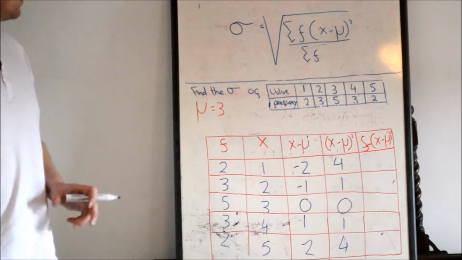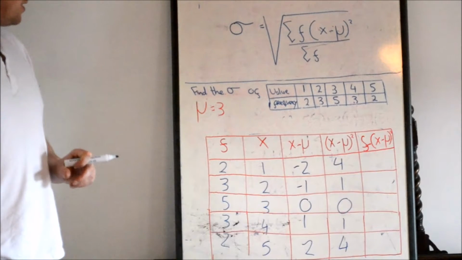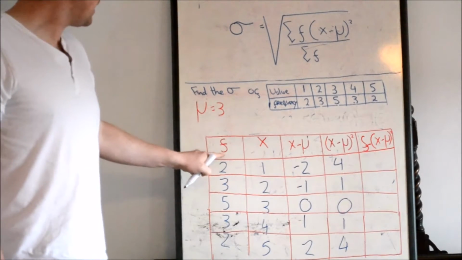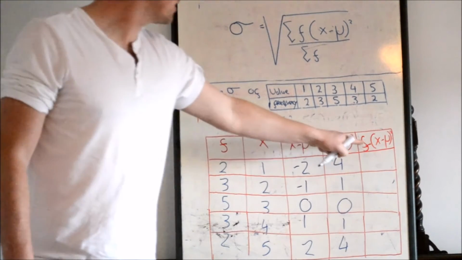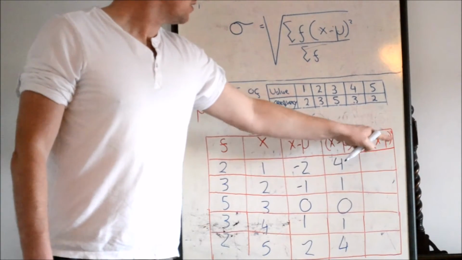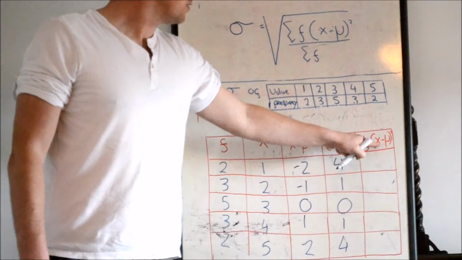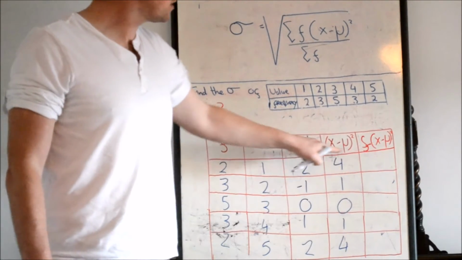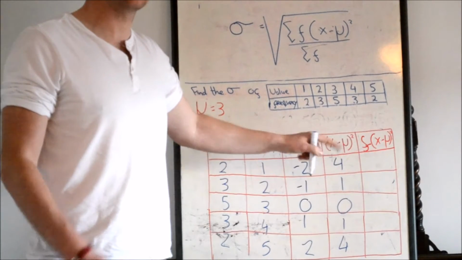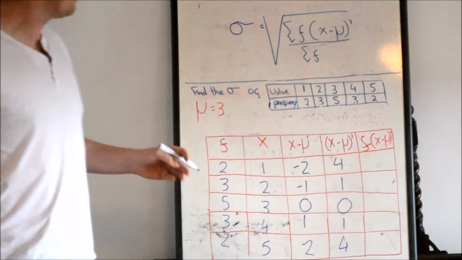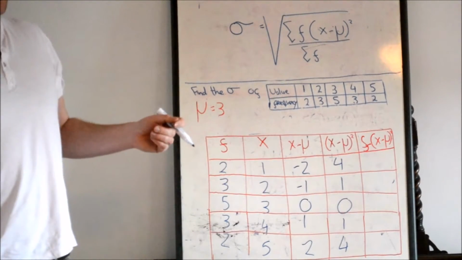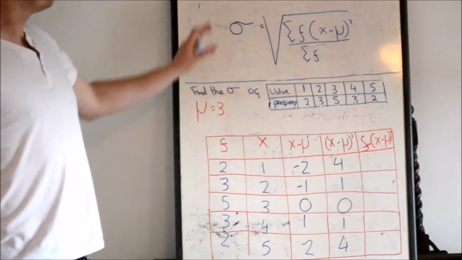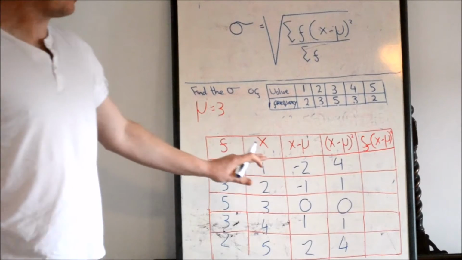Now, the very last thing with our grid. We multiply f by our number minus our mean squared. Well, we already have our number minus our mean squared here. This is why we do the grid. It stops a big mess. In the last one, where we were just getting the mean of a set of numbers, there was no need for the grid. However, there's so much going on here, make sure you draw out your grid.